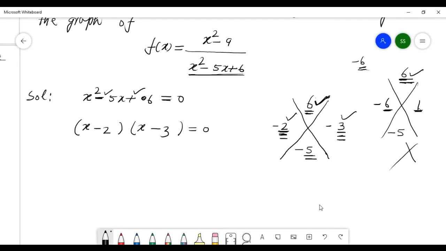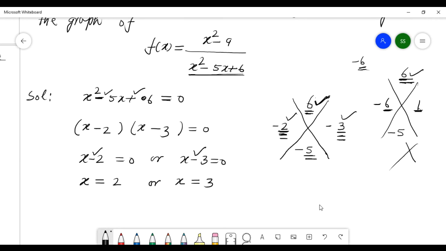Okay. This means x minus 2 equal to 0 or x minus 3 equal to 0. So from here, x equals 2, or from here, x equals plus 3.